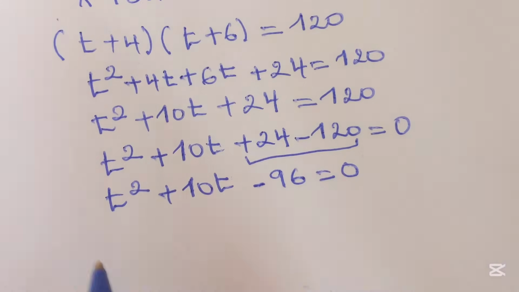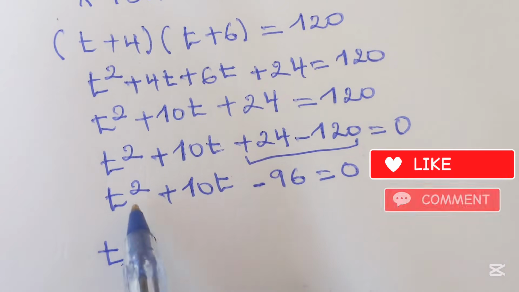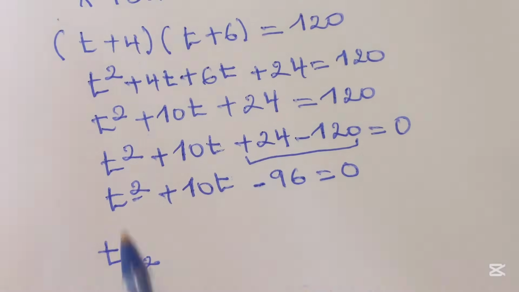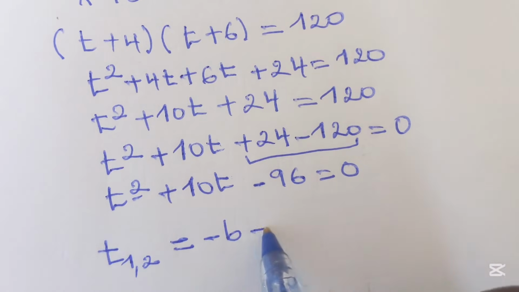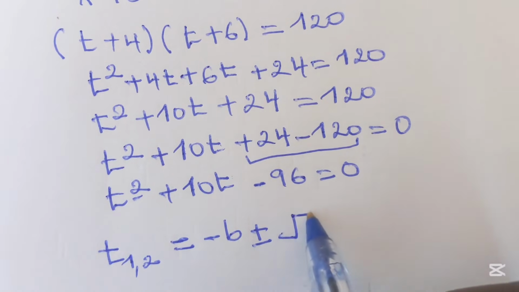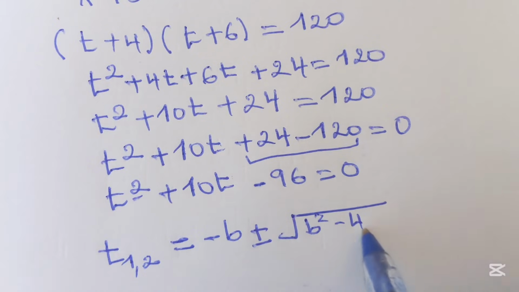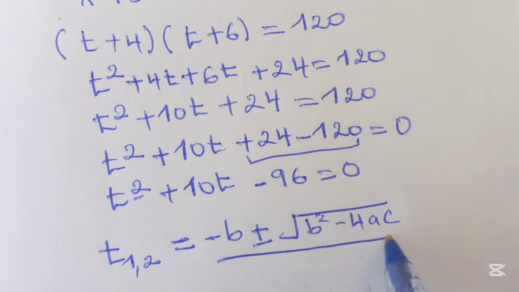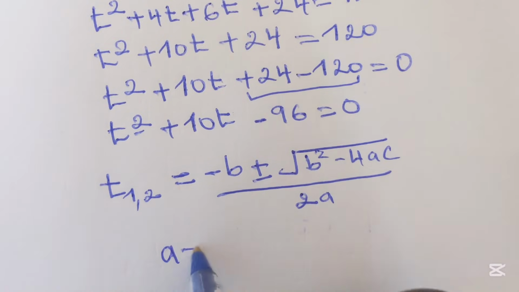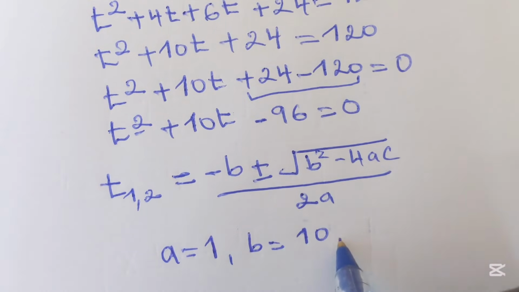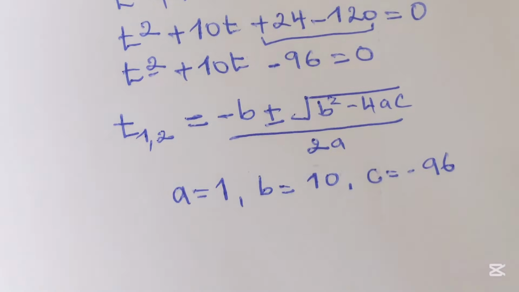You can simply find t1 and t2, because the values of t are equal to negative b plus or minus the square root of b squared minus 4ac, over 2a, whereas a equals 1, b equals 10, and c equals negative 96.